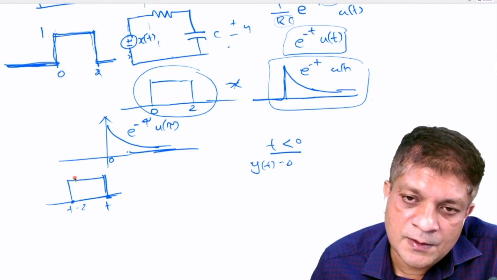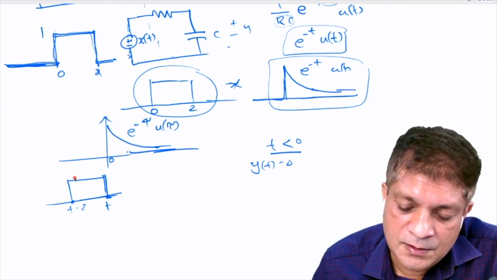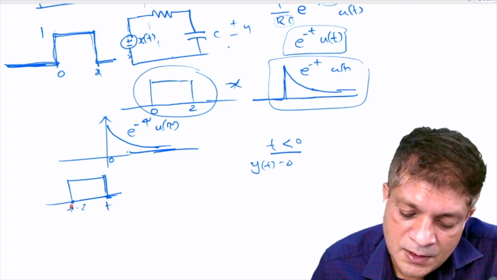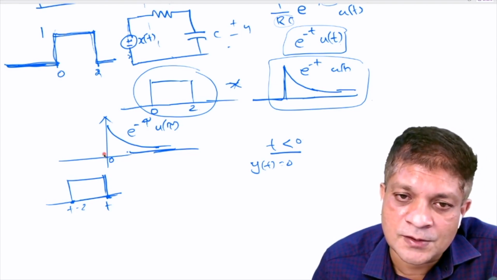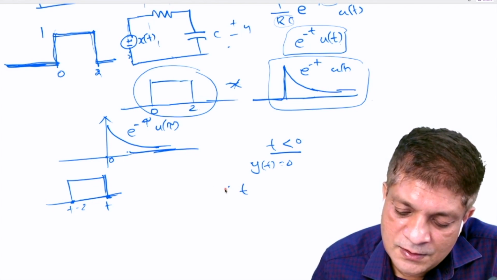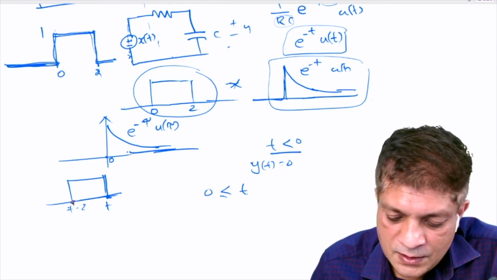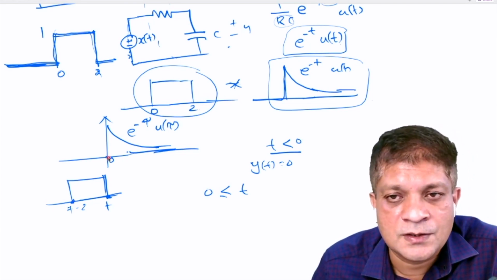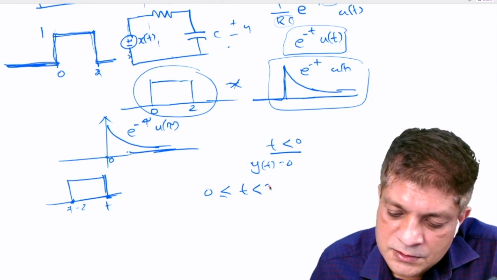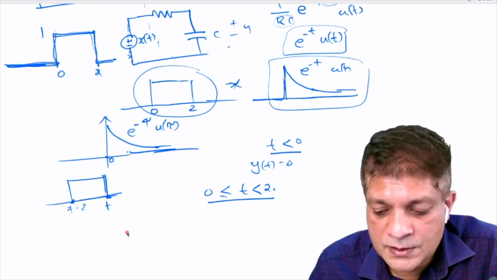In which interval will there be partial overlap? Until t minus 2 reaches 0, there will be partial overlap. So t is between 0 and 2.